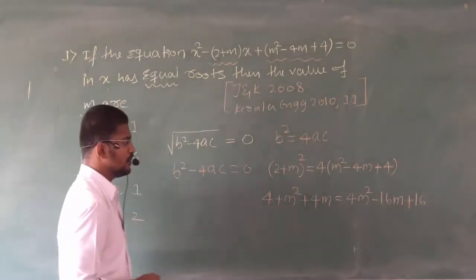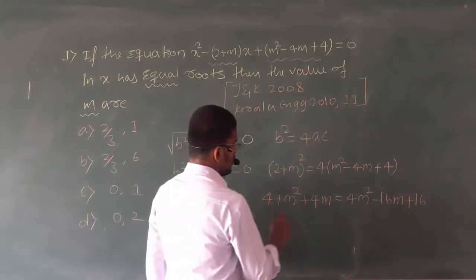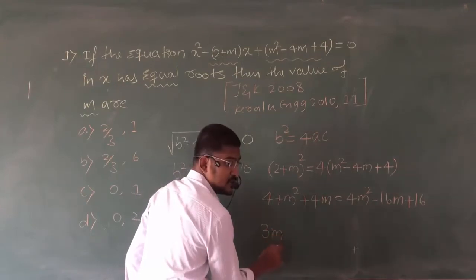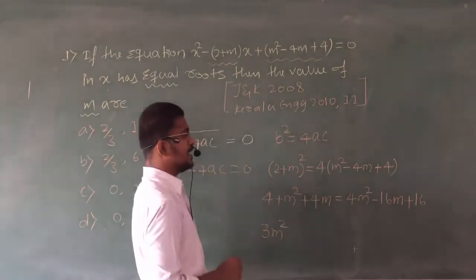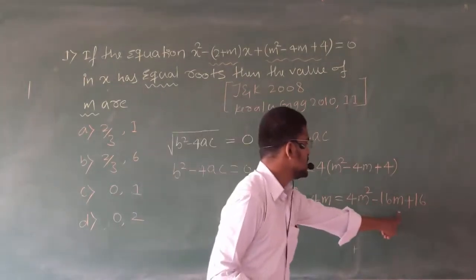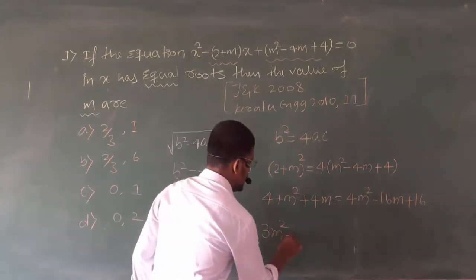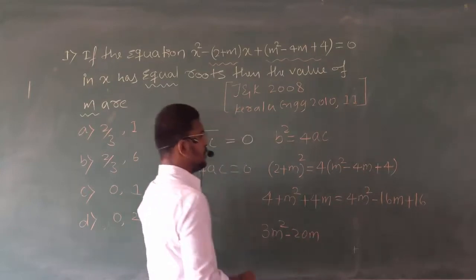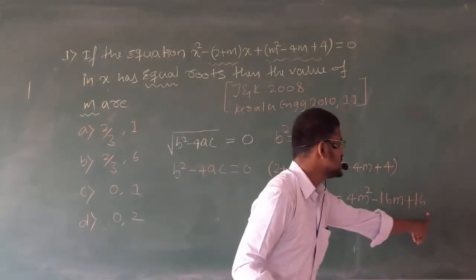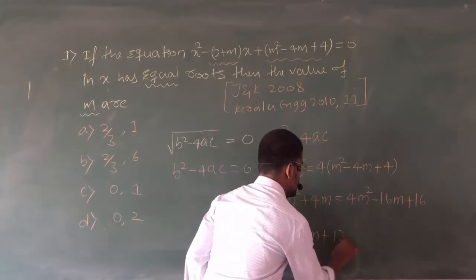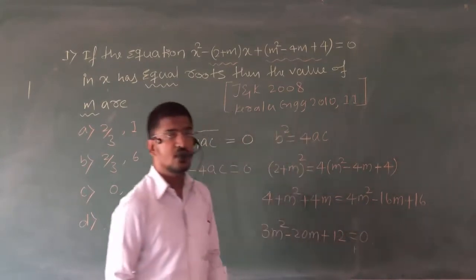Now 4m square minus m square will be 3m square. Next, minus 16m minus 4m will be minus 20m, plus 16 minus 4 will be plus 12, equal to 0.